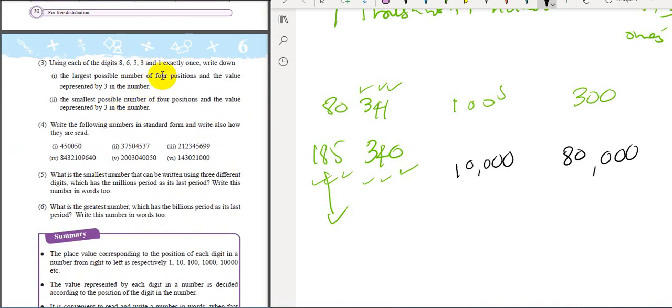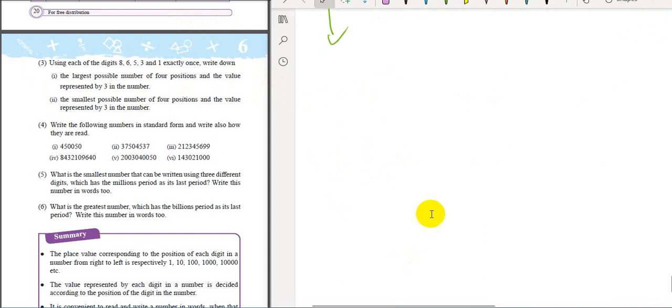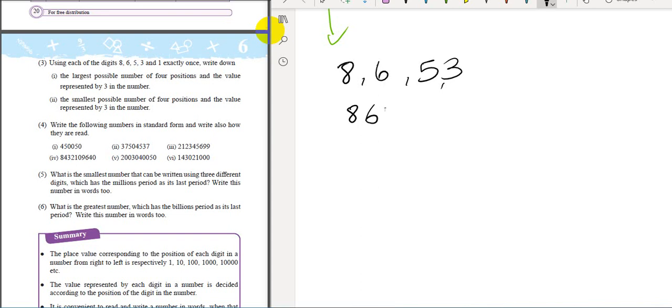Using each of the digits exactly once, write down the largest possible number of 4 digits and the value represented by 3 in the number. We have to write the largest number by using these 4 numbers. Sorry, they have given 8, 6, 5, 3. What is the largest number here? 8. The second largest digit is 6, then descending order, 5, 3. 8,653.